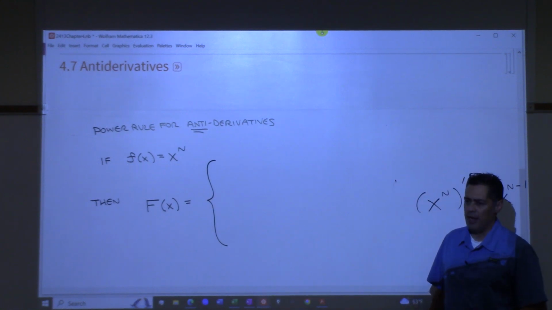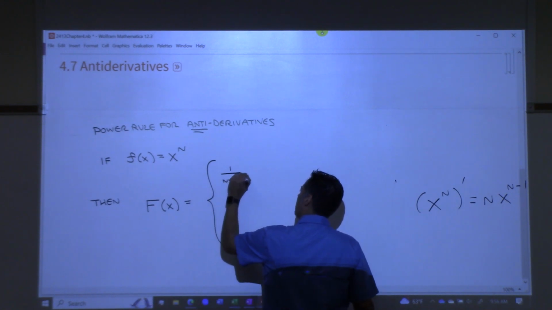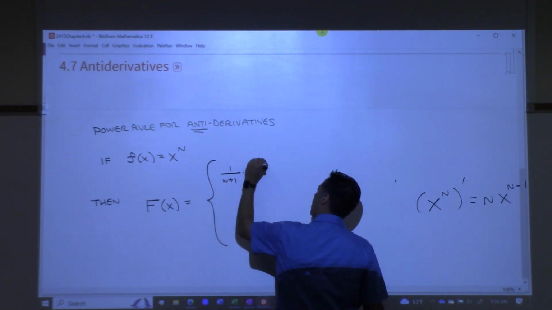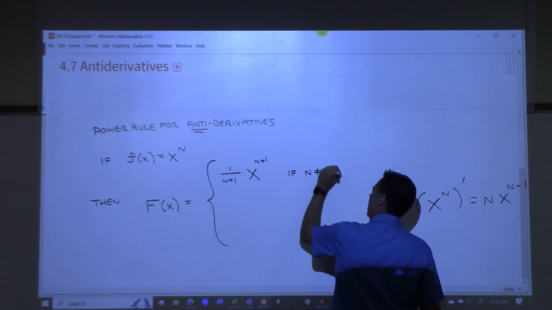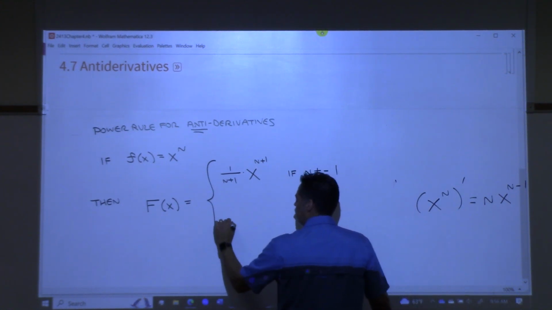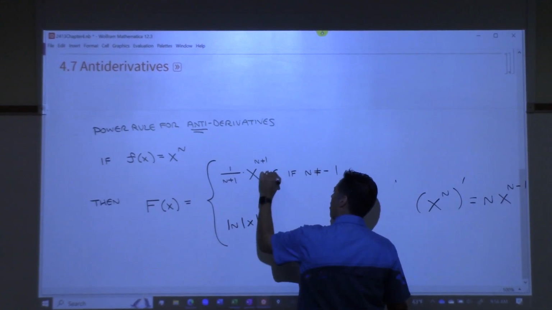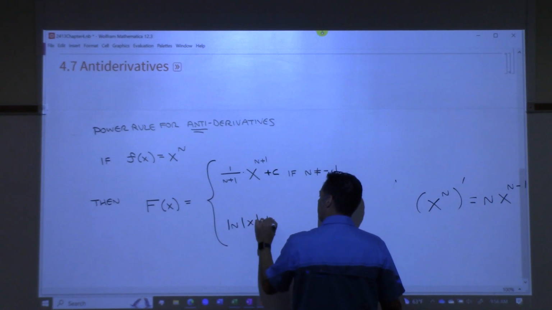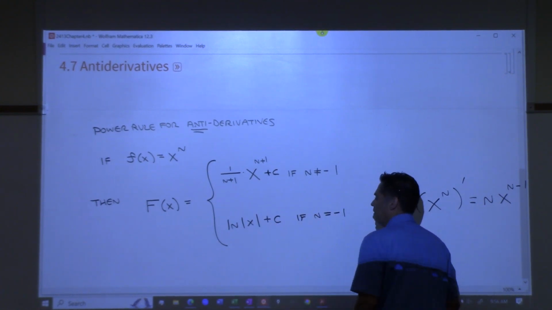It's two different things. It's just 1 over n plus 1 times x to the n plus 1 if the n we're plugging in is not equal to -1, and natural log of the absolute value of x plus c if n does equal -1.